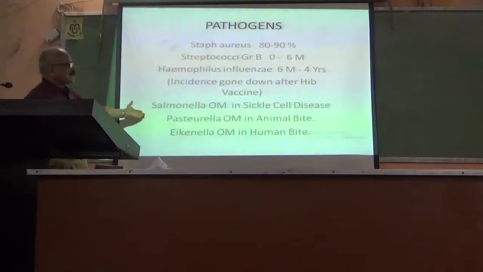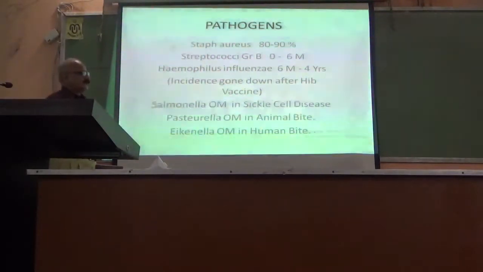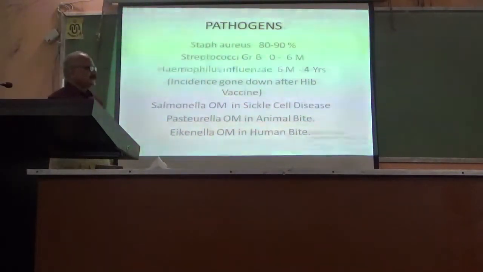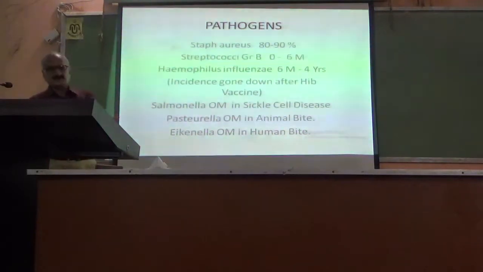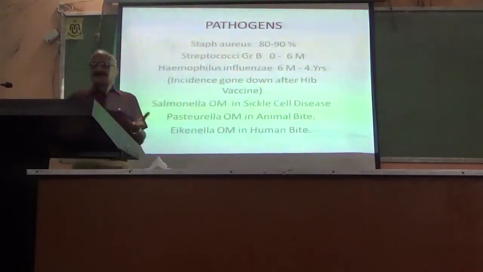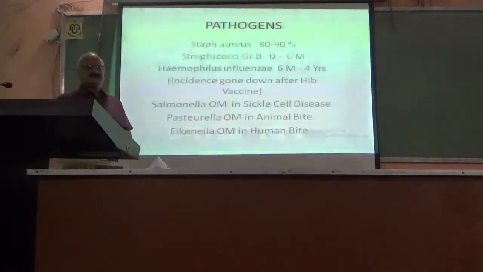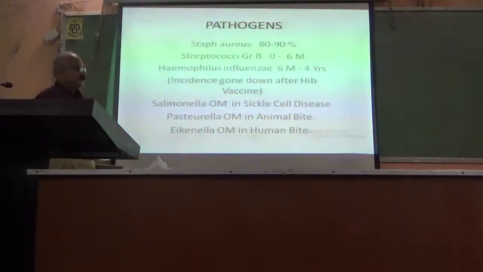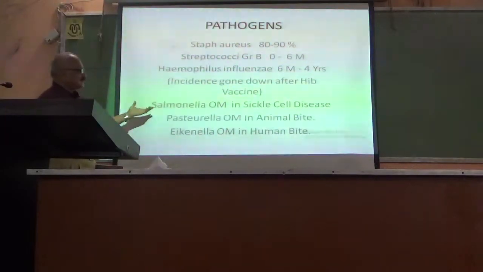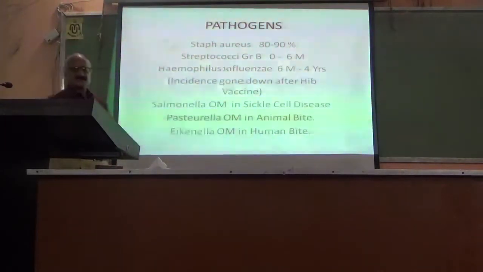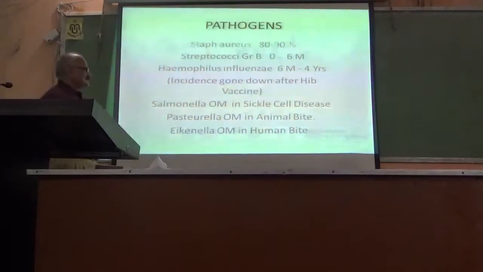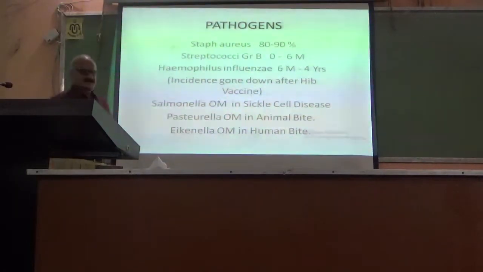Then we have Salmonella osteomyelitis. I must tell you at this juncture that in sickle cell disease, you know that the trait of sickling features in the red blood cells of the patient, that gives rise to a different type of osteomyelitis, and this is Salmonella osteomyelitis.